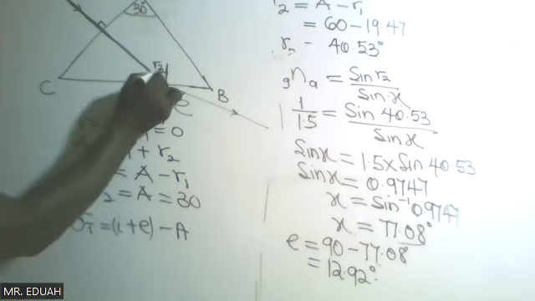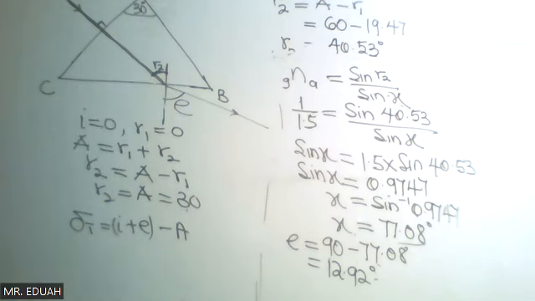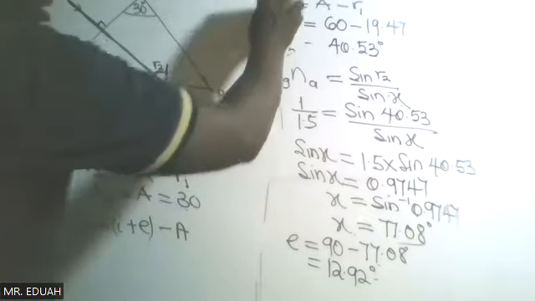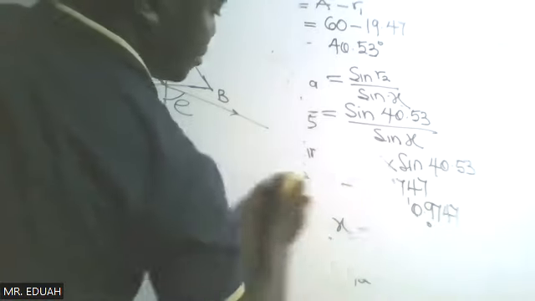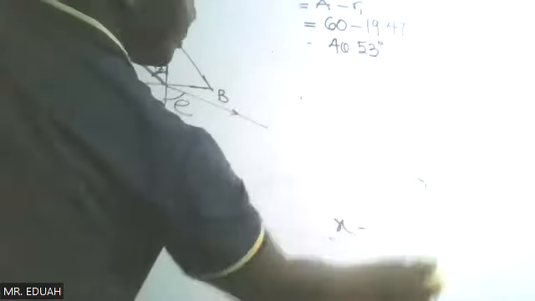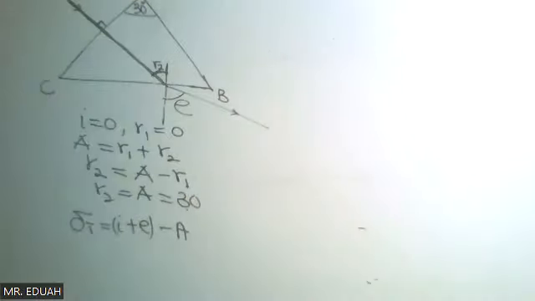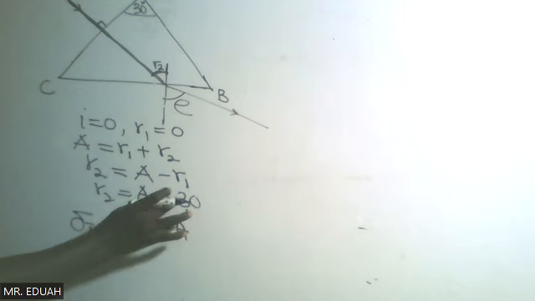So this R2 is equal to 30 degrees. If you have any question, ask so I can continue. If you understand, then I continue. Okay, so R2 is equal to 30.